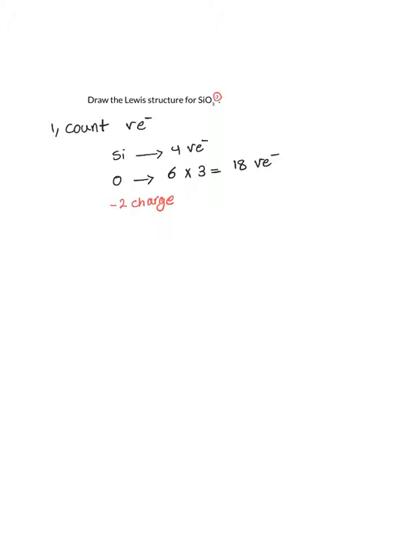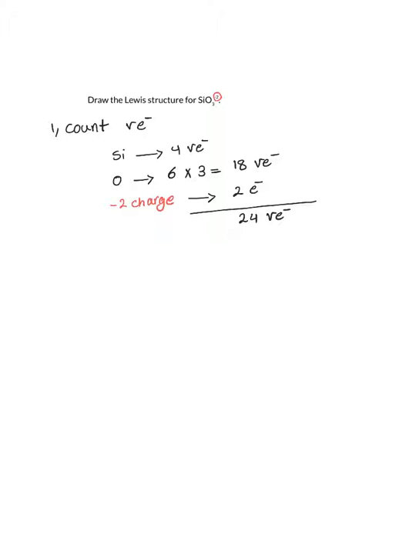Therefore, we have 2 additional electrons in the molecule, and we need to add them to the total number of valence electrons. So the total number of valence electrons would be 24 for this molecule.